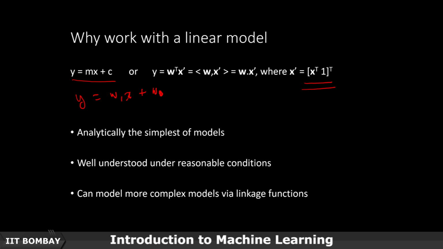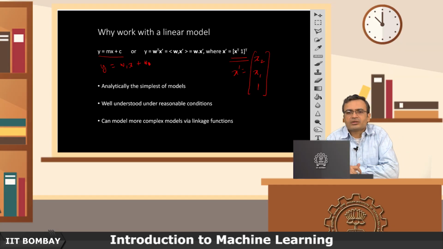So here, let's say x is multidimensional, so we have x2, x1. We will add a particular number to it, which is 1, and now we will call this x dash. This particular vector allows us to simply absorb w0 in the w vector.